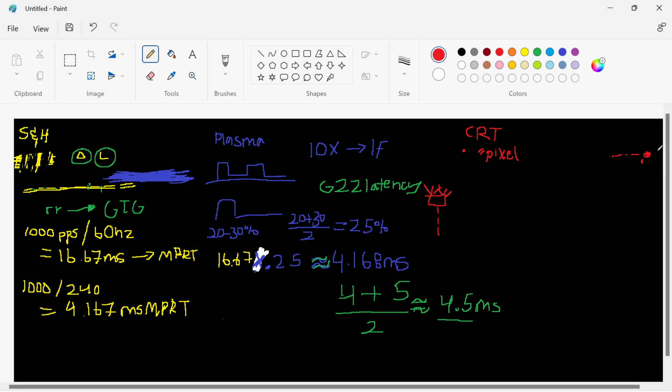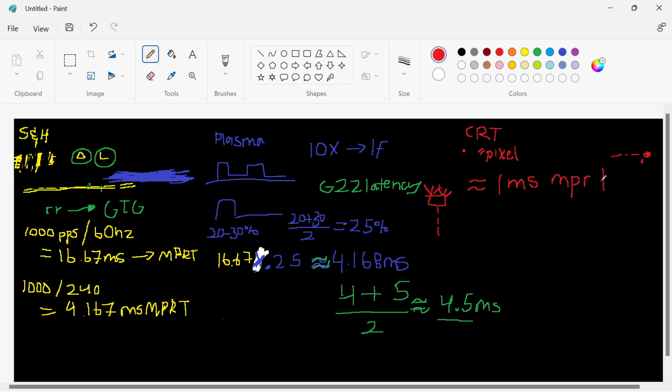CRTs just suffer from that. But that's beside the point. A CRT has just so much persistence reduction that you can automatically assume, disregarding this ghosting, that it always has 1 millisecond of MPRT.